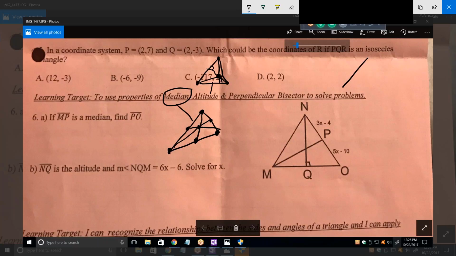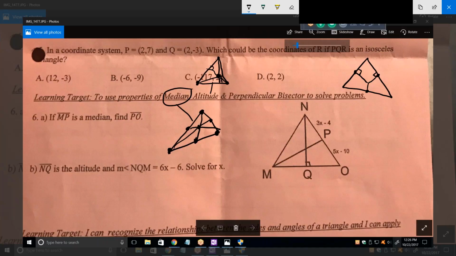A perpendicular bisector is where you start from the middle of each side and you draw a perpendicular line. Now I'm going to start from the middle of that side and draw a perpendicular line, and from the middle of that side and draw a perpendicular line.